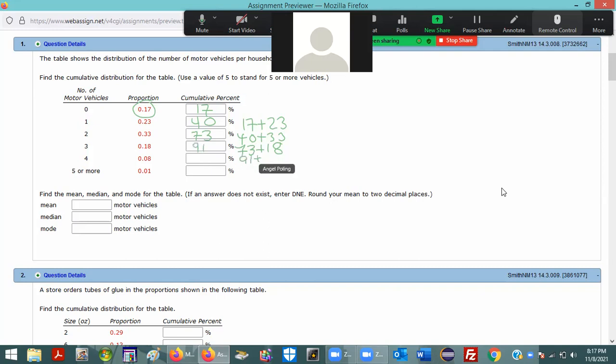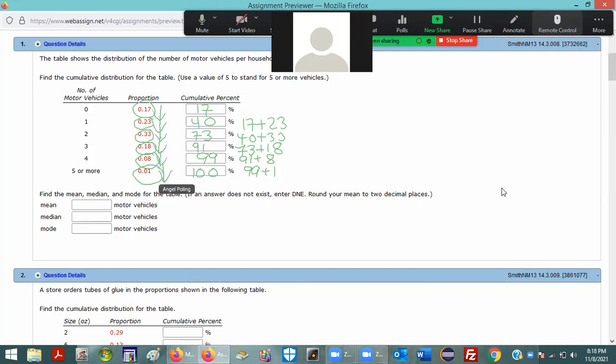Now 95 plus 8 is 103... Actually, continuing: 91 plus 8 is 99. And then 99 plus 1 is 100. Where we're just adding each of these cumulatively as we go through the list.